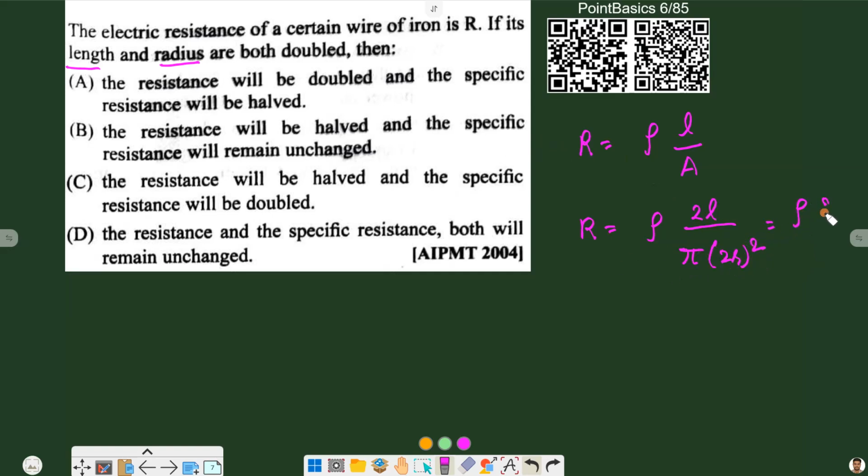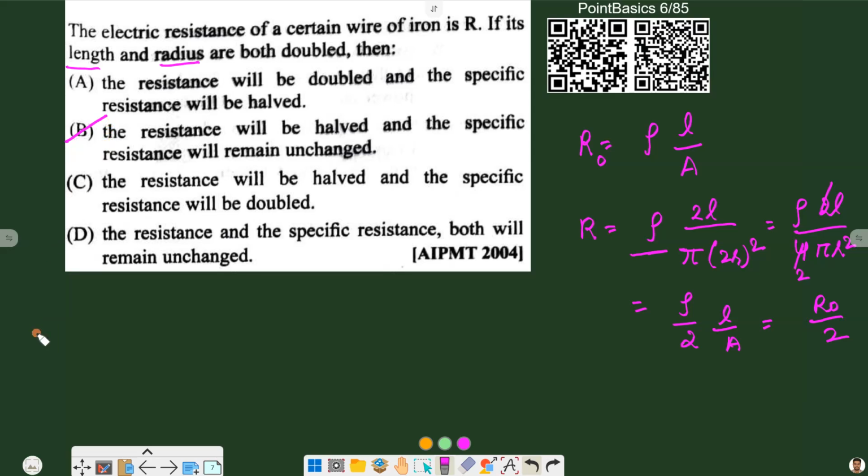So it will be rho times 2L by 4 pi R square, and pi R square is the area. So rho by 2 into length by A, and this is equal to R naught, so it will be R naught by 2. So our new resistance is half of the original resistance, and the specific resistance, or rho, stays unchanged, stays constant. So option B will be the right answer here.